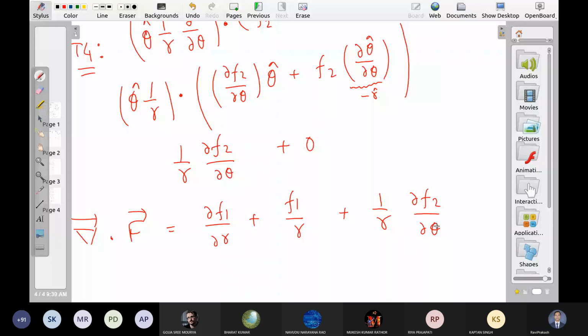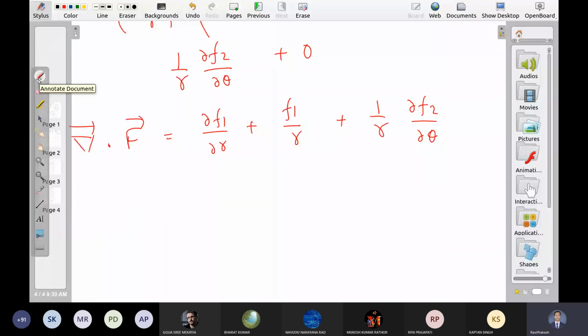Does not look very nice, but we can make it a little bit good looking. Del by del r of r f1. What we get? Do we get 1 by r here? See, do you get this quantity?